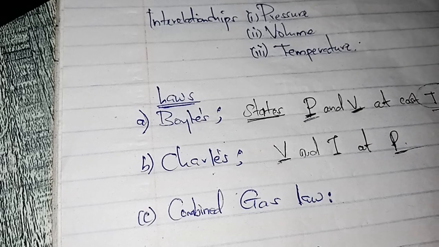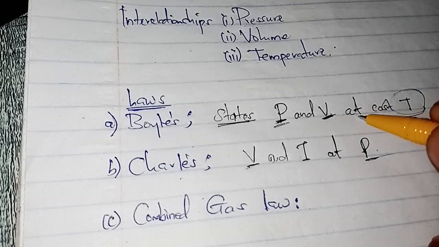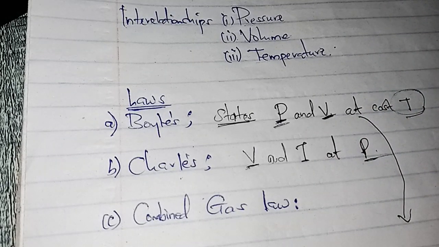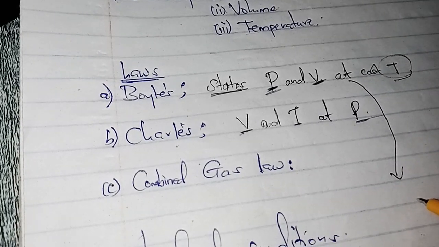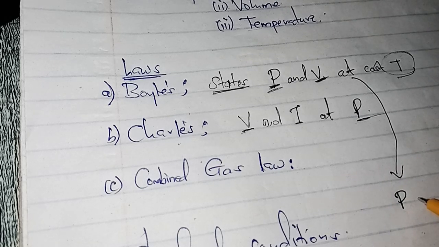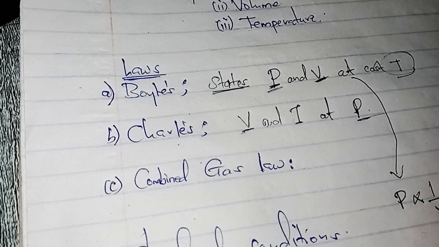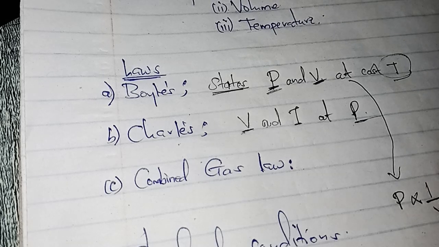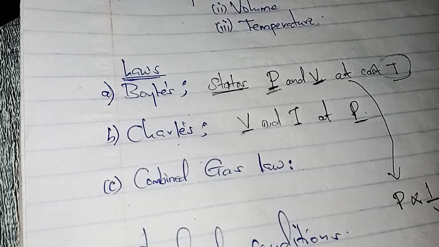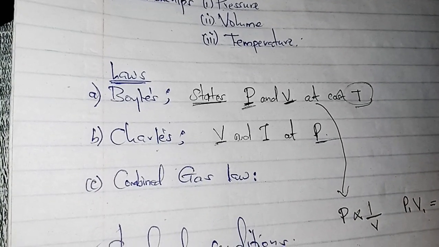Therefore, for Boyle's law, pressure is inversely proportional to volume. It means when pressure 1 increases, volume 1 will definitely decrease. So pressure 1 volume 1 is equal to pressure 2 volume 2.